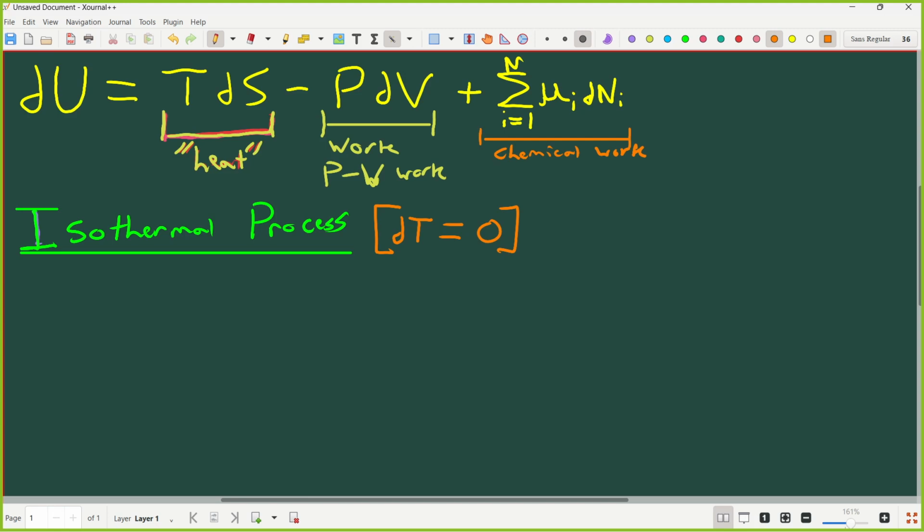You do anything to the system, it may generate heat, may generate work, but the temperature is not going to change. Right, a really good example of an isothermal process is combustion. I'll have a small lecture about the Otto cycle, which is the 4-stroke engine cycle with a normal combustion engine.